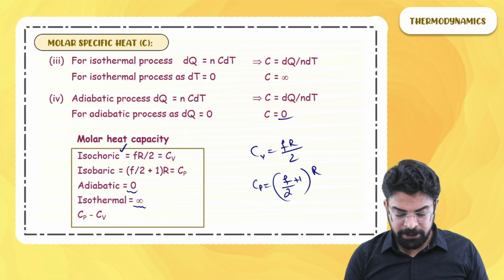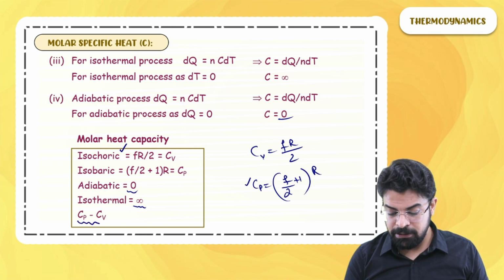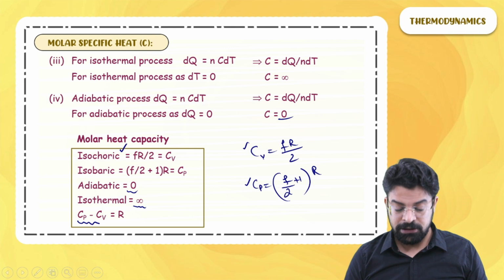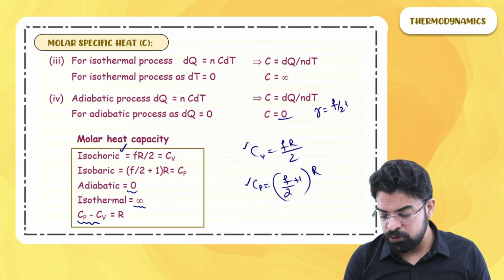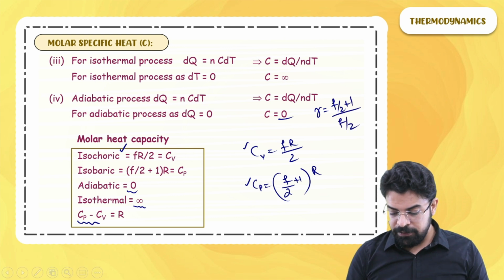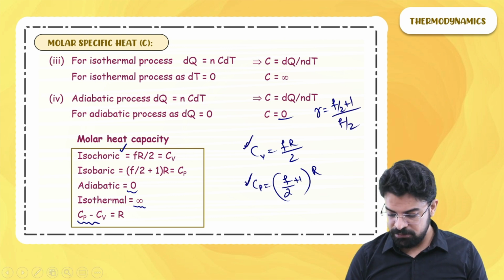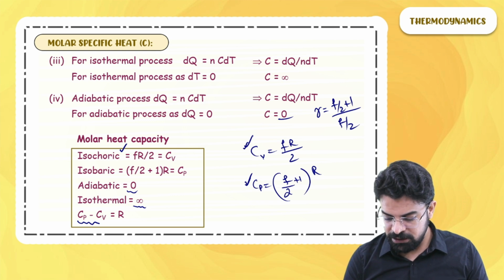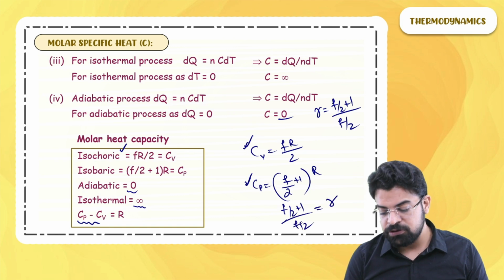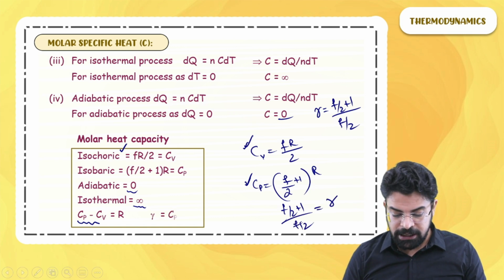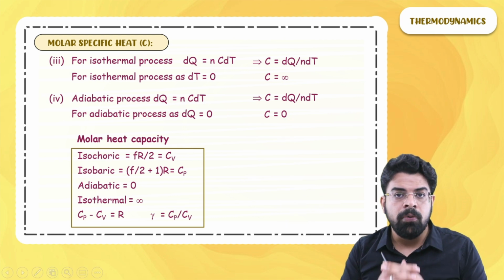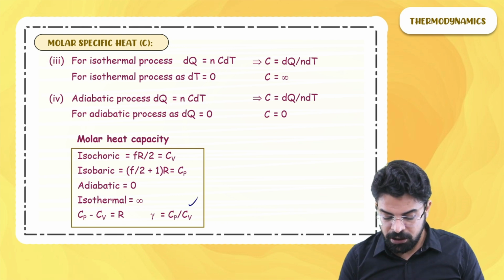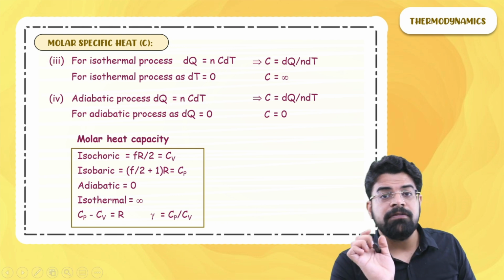Moreover, remember that Cp minus Cv gives us R, the Mayer's equation. And the last thing, we have learned that gamma equals (f/2 + 1) upon f/2. If I do Cp by Cv, I get (f/2 + 1) upon f/2, which is equal to Poisson's ratio, also called gamma. And gamma equals Cp by Cv. So these are all the things you need to know about molar heat capacity. Now, the last thing here, how to deal with mixtures.